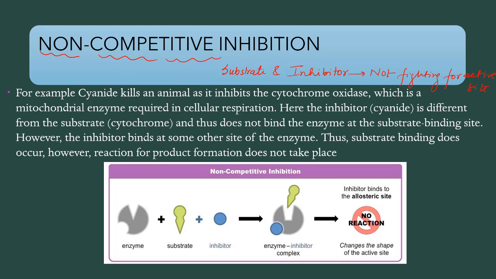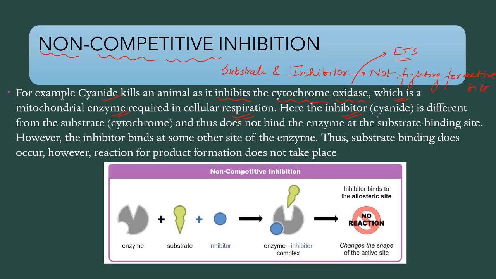For example, cyanide kills an animal as it inhibits the cytochrome oxidase. Cytochrome oxidase is very important for ETS, the electron transport system, which is a mitochondrial enzyme required in cellular respiration.